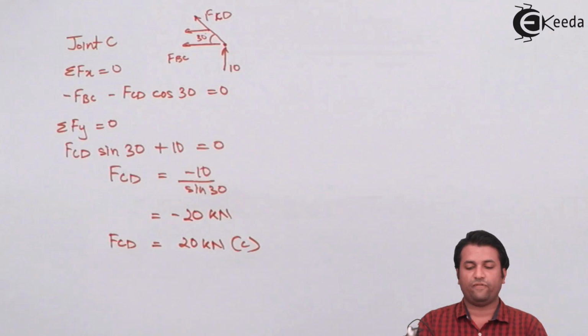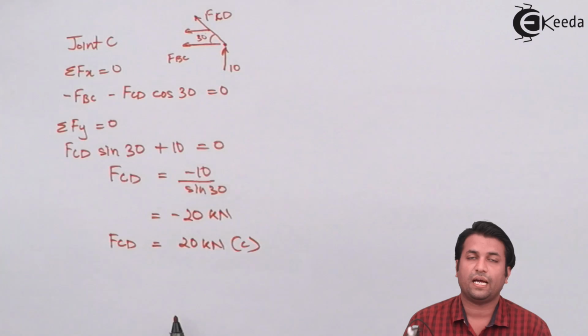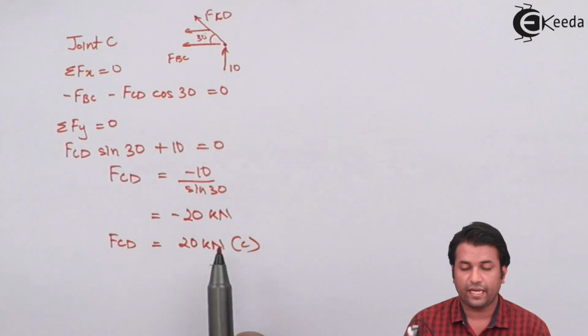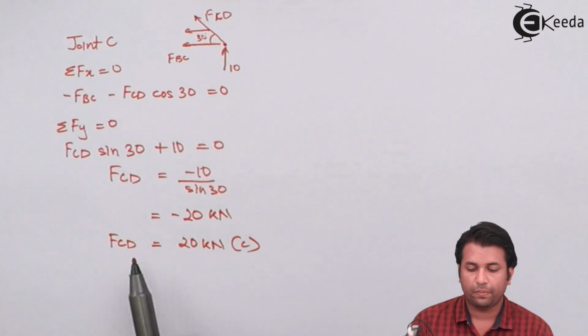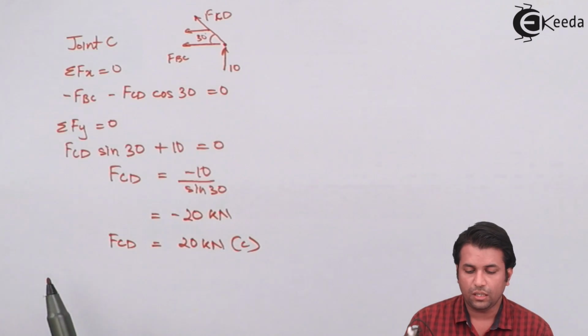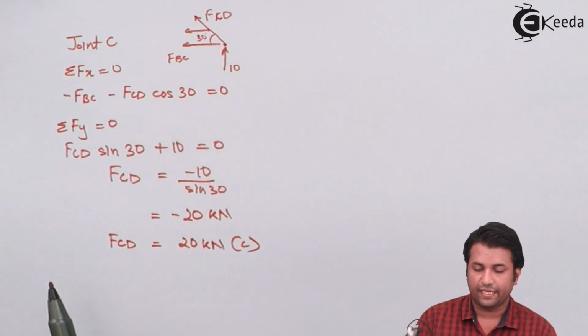So I got the value for the force in the member CD as 20 kilonewtons, and since it is negative, the nature is compressive. Now what I can do is take this value and put it in the equation for the horizontal direction so that I can get the value for BC.